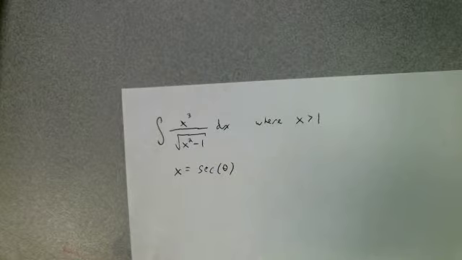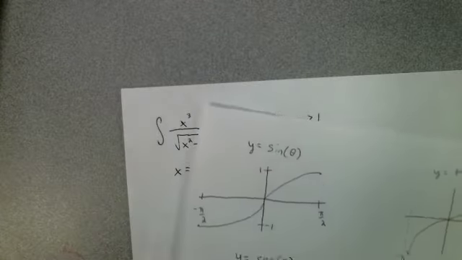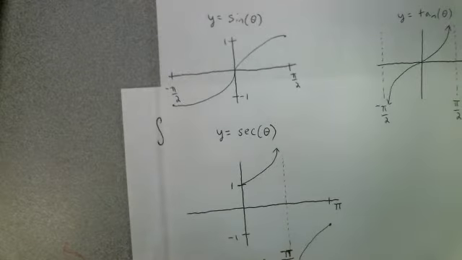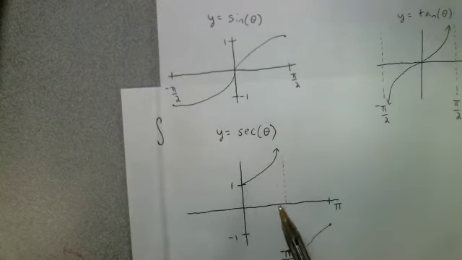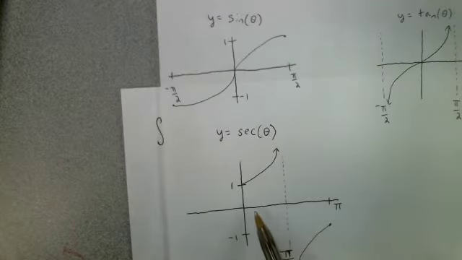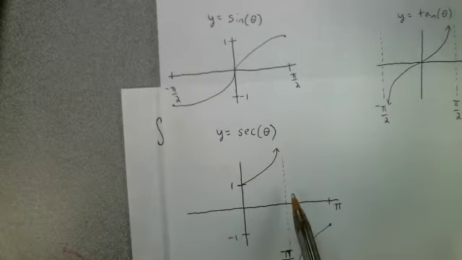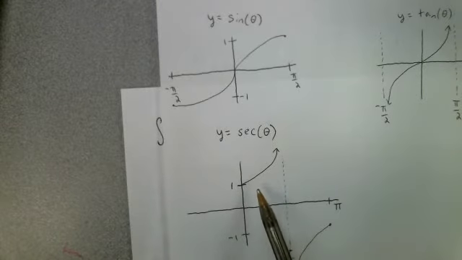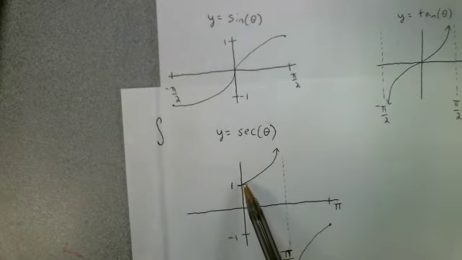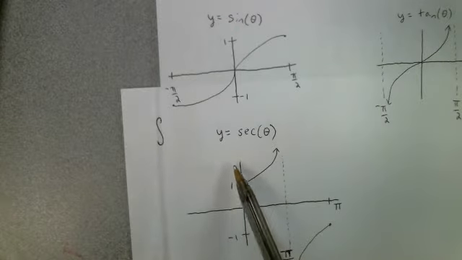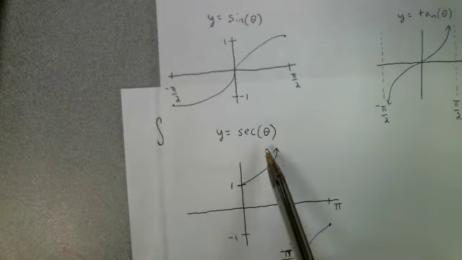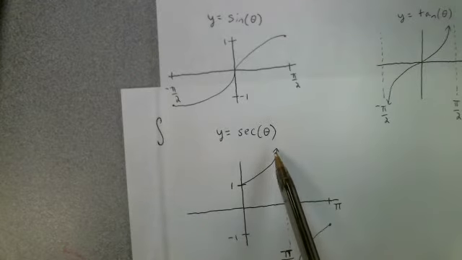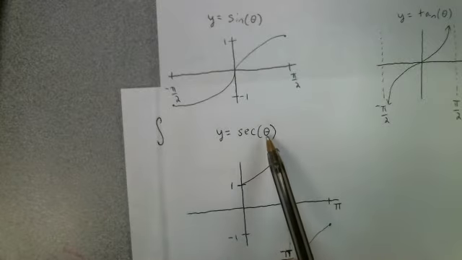Well, let's look at a graph of secant. Secant hits all numbers bigger than 1 for angles between 0 and pi over 2. So no matter what x is, choose x to be any number you want. Choose x to be 5. Secant of theta will eventually hit 5 if you choose the right angle theta.